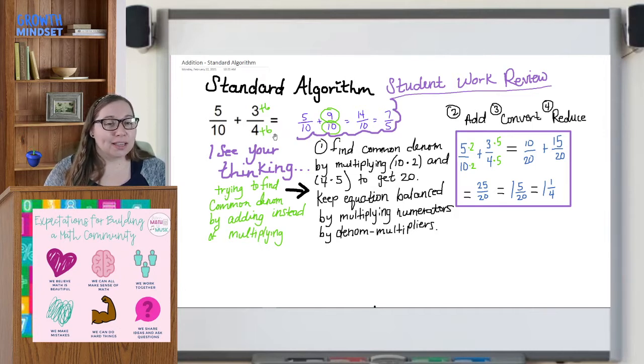Okay, so here the student added 6 to make the denominator also 10, and they added 6 to the top to make this 9.